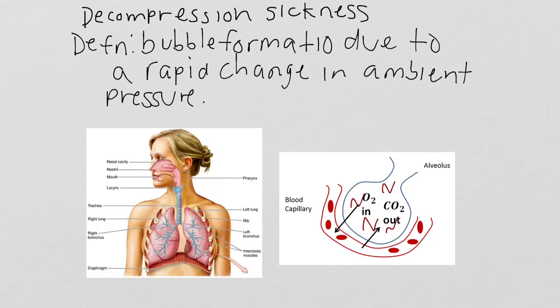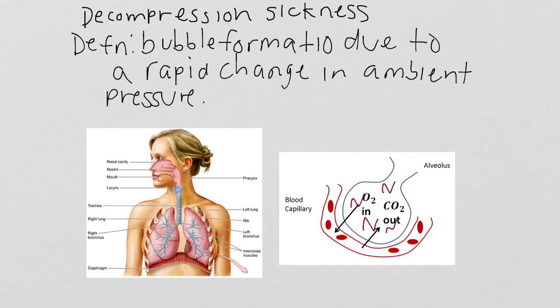The answer is, because nitrogen doesn't have a true purpose in our bodies, the nitrogen essentially just gets breathed out. So the air comes in, and all the oxygen comes into the capillaries, into our blood, and the CO2 comes out. And the nitrogen just gets breathed out back into the environment.